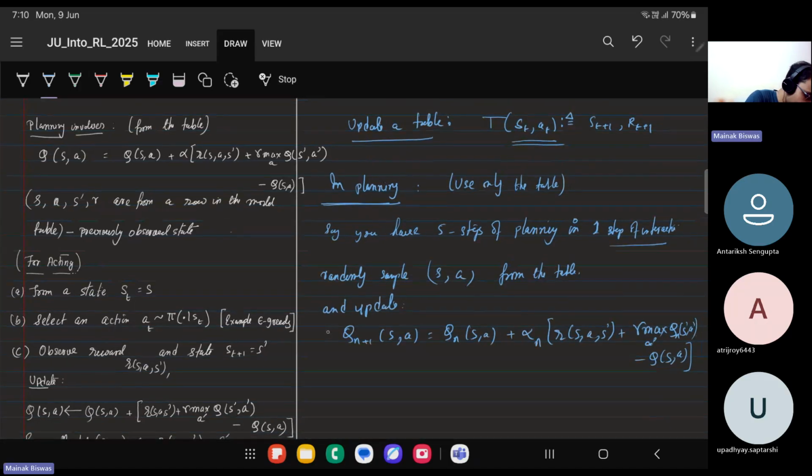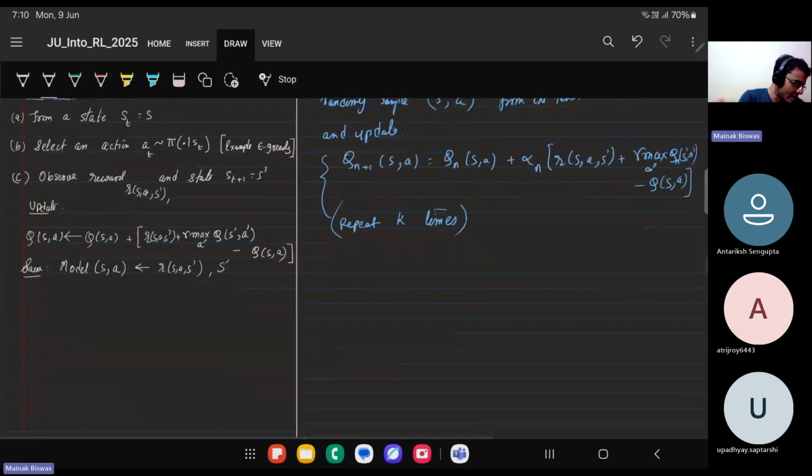So basically repeat n times. You can put these k steps in one step of planning, repeat k times. Fine. So this entire algorithm looks something like this.